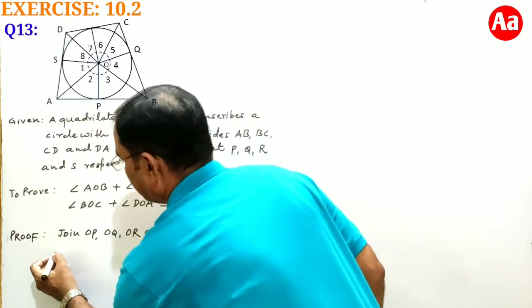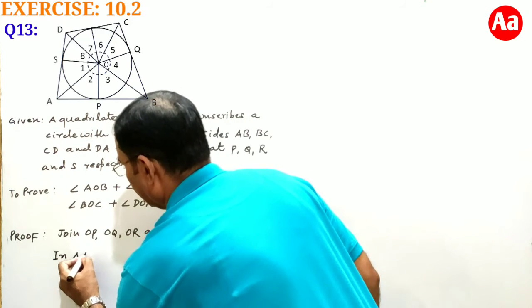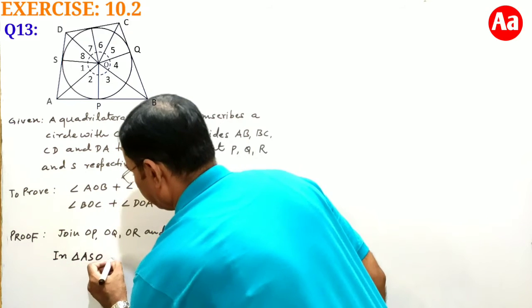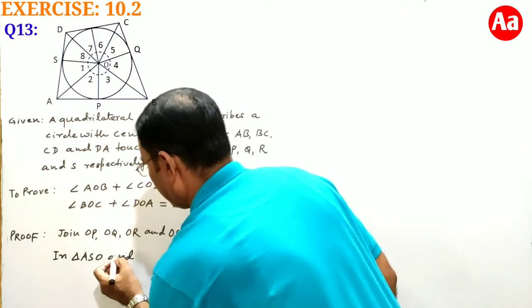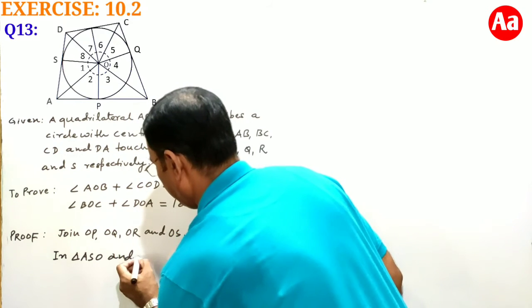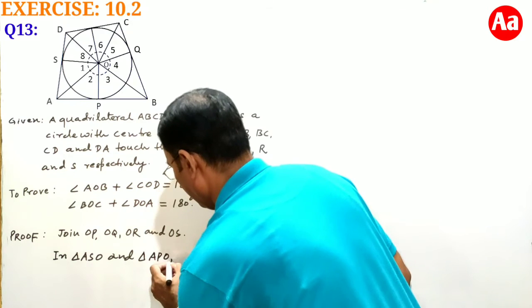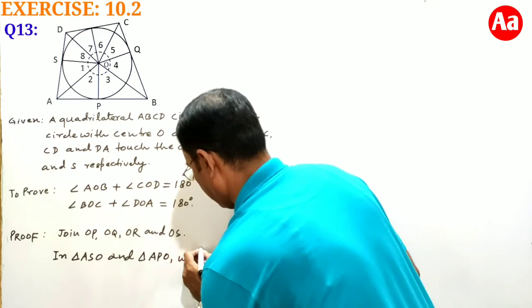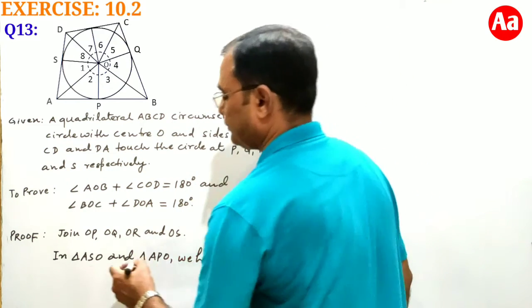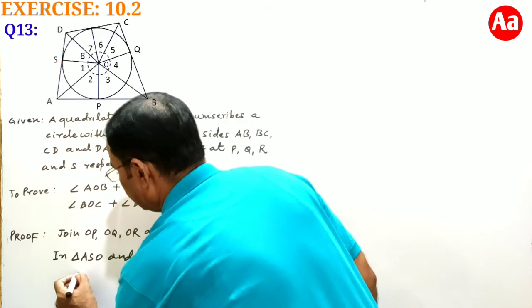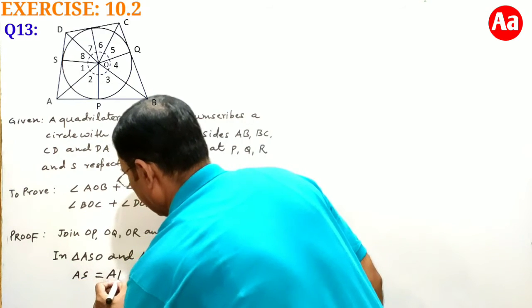So let's write in triangle ASO and triangle APO, we have AS is equal to AP.